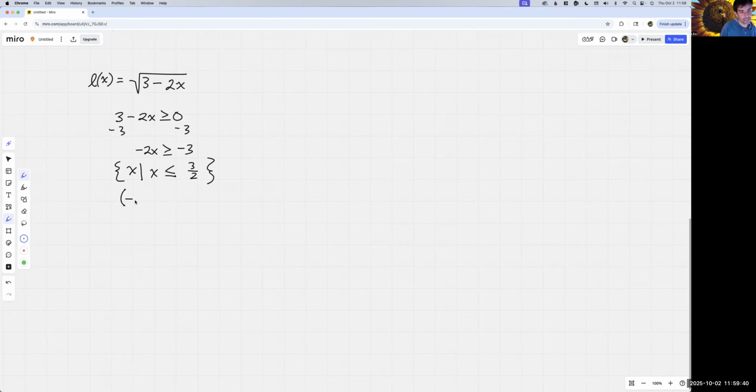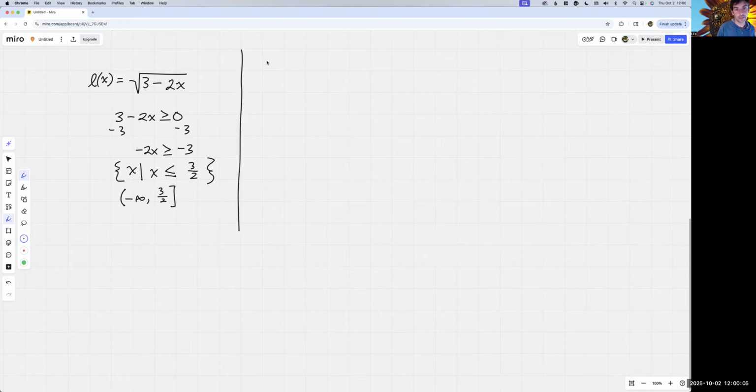We're going to be going from -infinity up to 3/2. Okay. So there is our set builder notation. Let's do 2 more using equations, and then we'll look at some graphs.